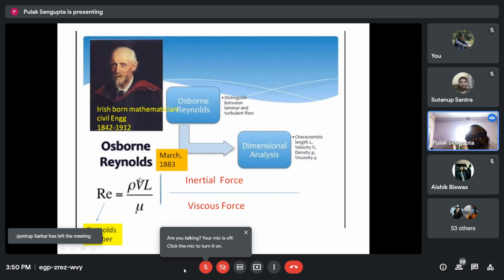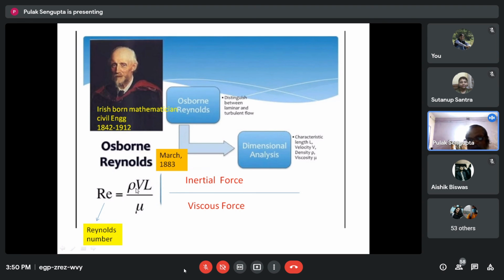Now tell me, if you play with these numbers, can you convert it to force? You do it yourself. It's trivially simple. If you deal with the dimensional formula and rearrange, then it should give you the unit of force.